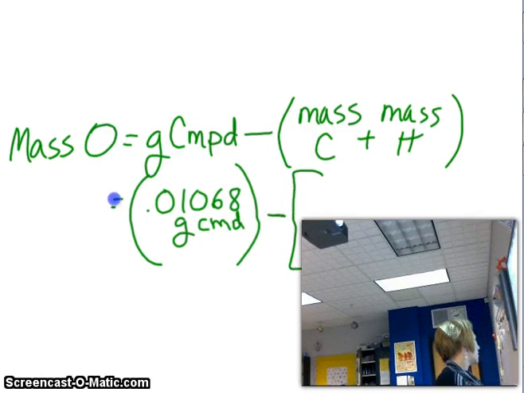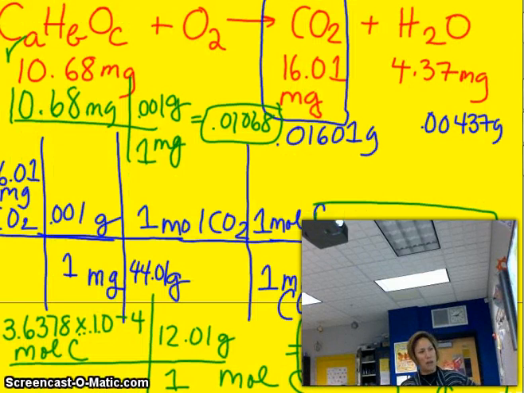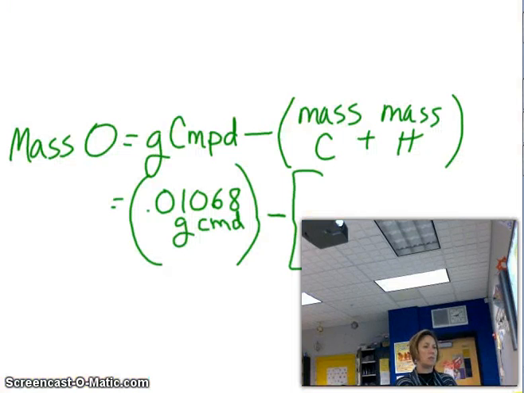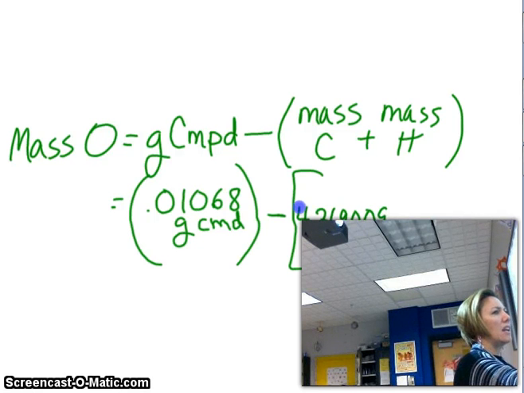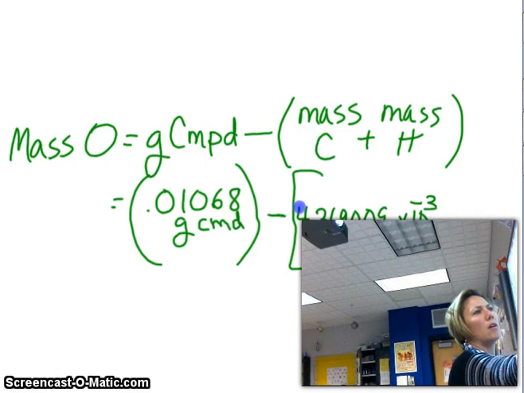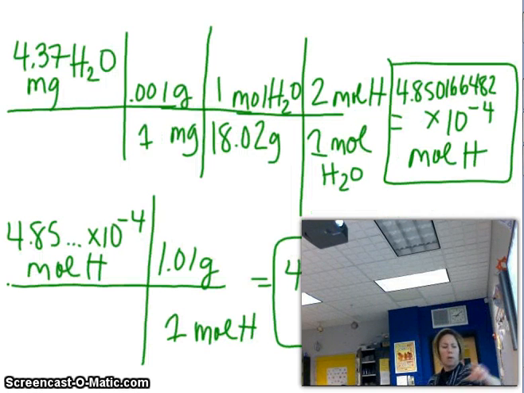minus the mass of carbon. Where did we write that? Oh my gosh, look at this paper. There it is, 4.369009, yada, yada, yada, times 10 to the, what was it, negative third? And then your mass of hydrogen, which was 4 point, you know what?